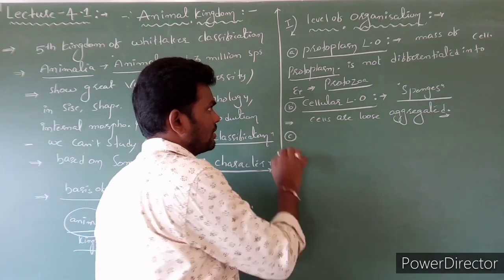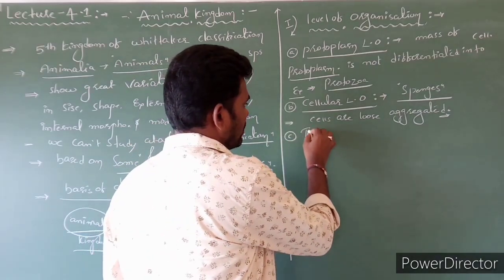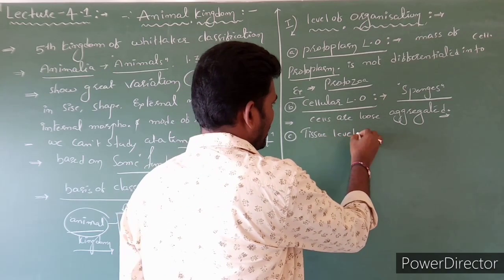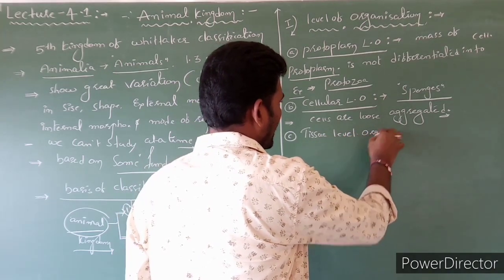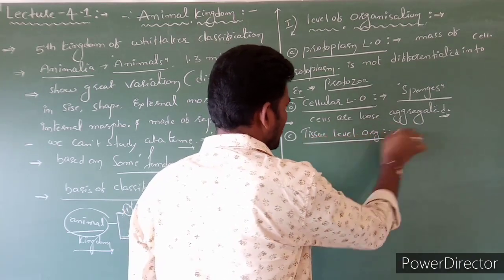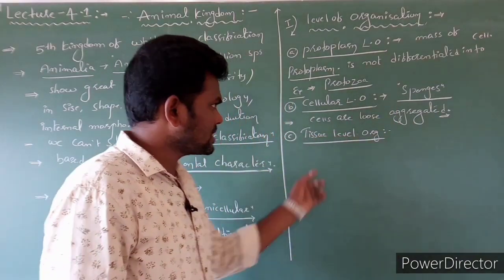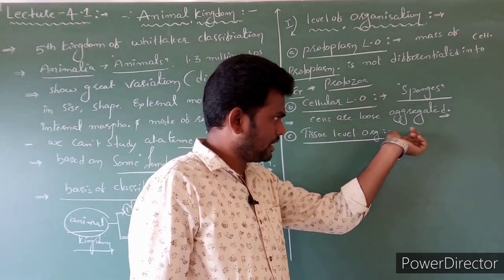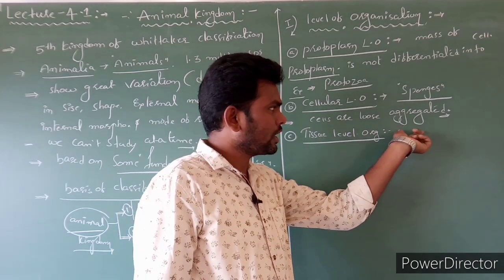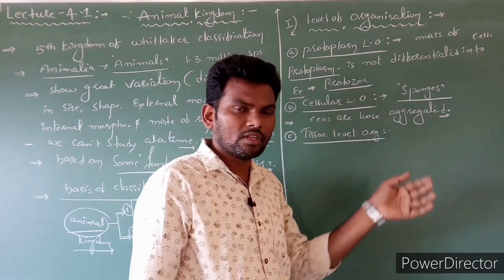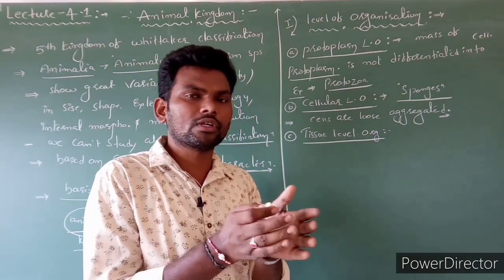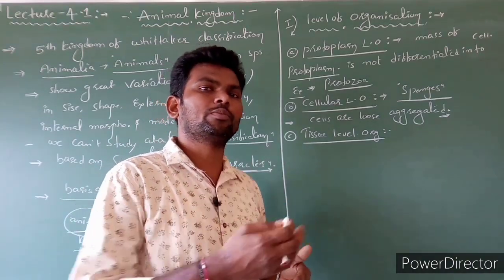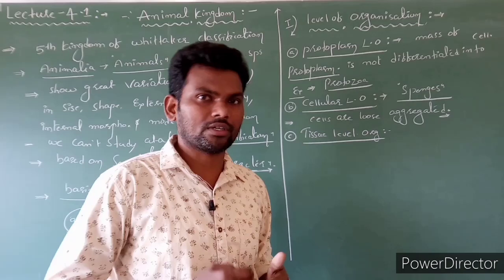Next one is tissue level of organization. Clear? So in this case, what happened? In this kingdom, Animalia contains a number of cells, and these cells come together to form tissues. The tissue performs one specific function.